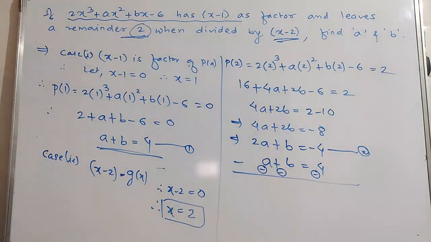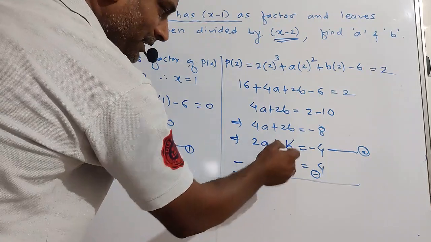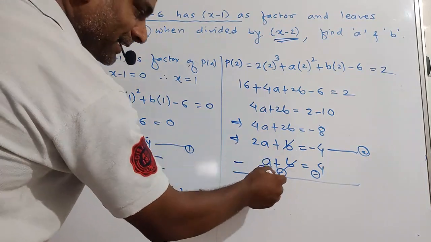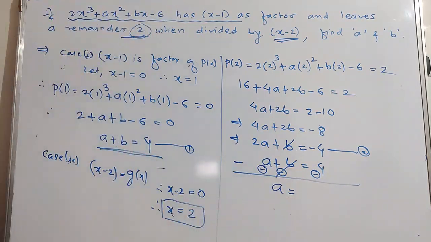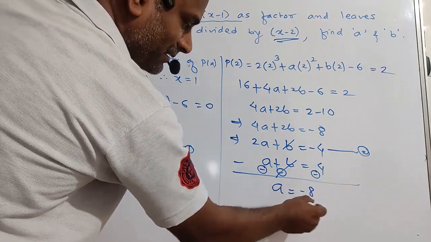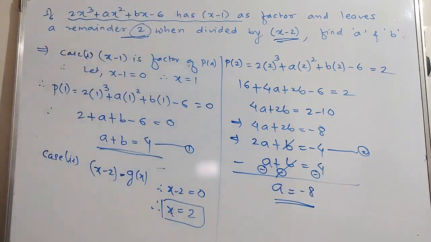This is a plus b, this is a minus b, they will cancel each other. 2a minus a is a, equal to minus 4 minus 4, that is minus 8. So I got the value of a here, that is a = −8.